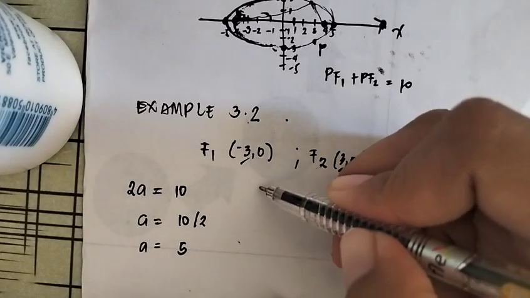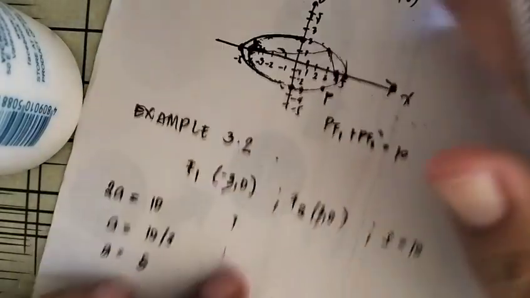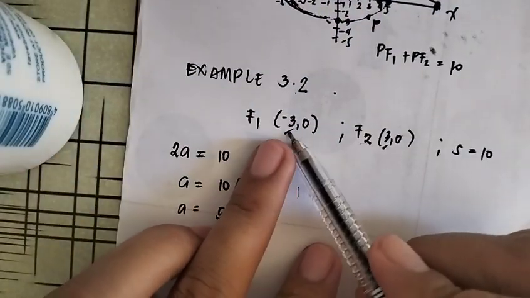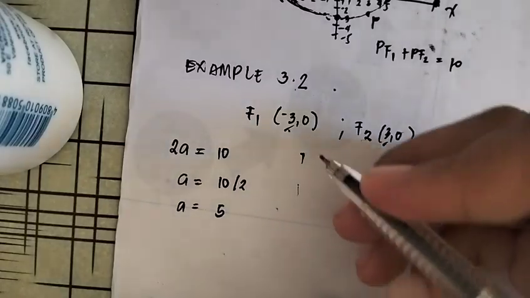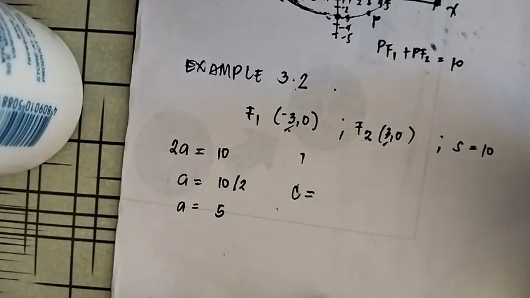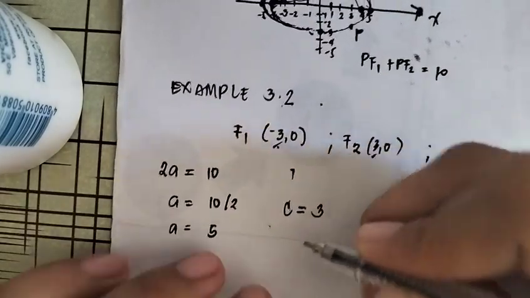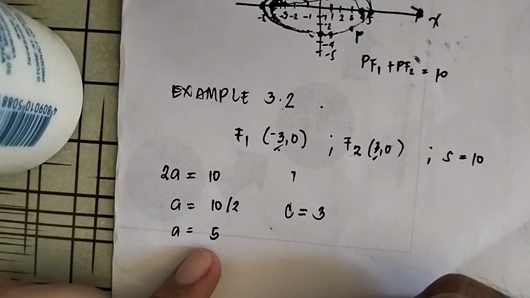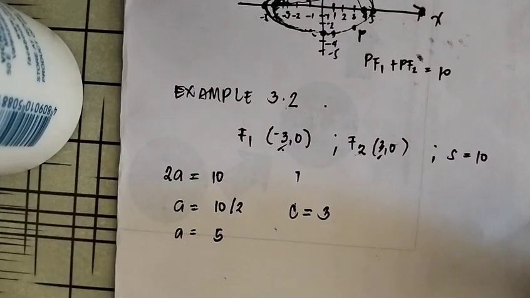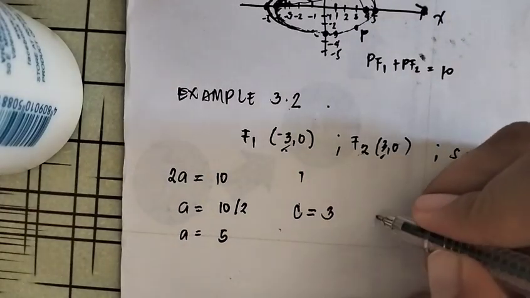Diba remember, sa foci, ang focus is (c, 0). So, kaning 3 and negative 3, si c is 3. Nanatay 5 and 3. Unsa nalay ko lang? Si b.